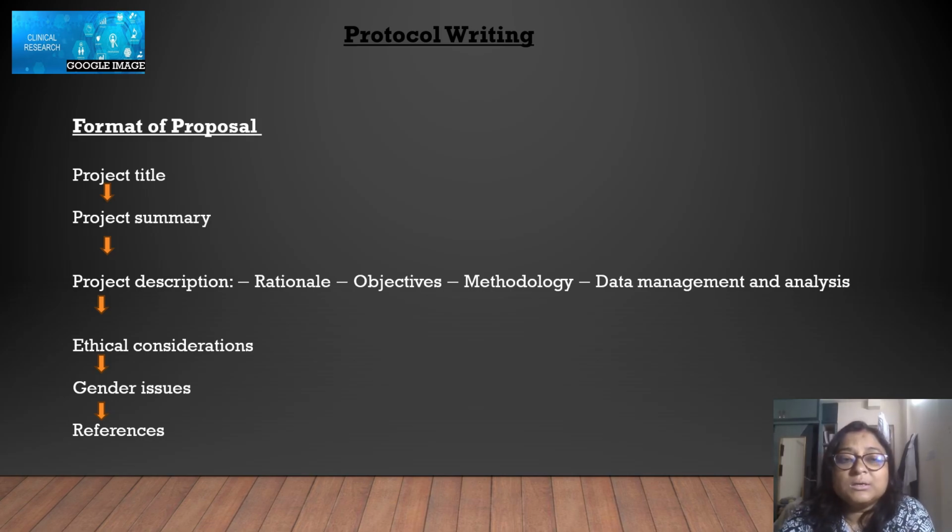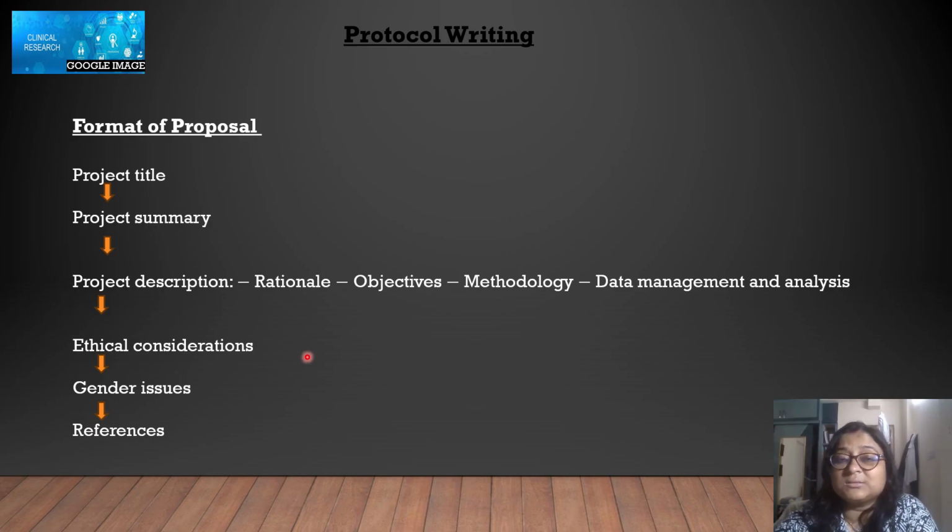Now what is the format of a proposal, that is, protocol writing? You are writing the proposal, so what should be the format? There must be a project title, then a project summary. After that, the project description, which will include objectives, methodology, and data management and analysis, that is, how you are going to manage the data and how you are going to analyse the data.